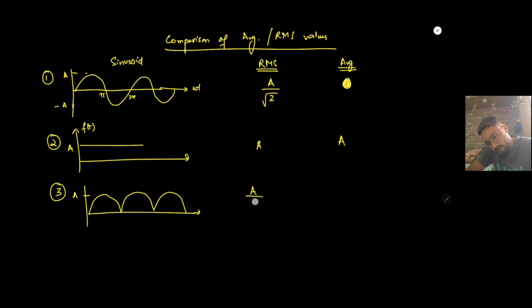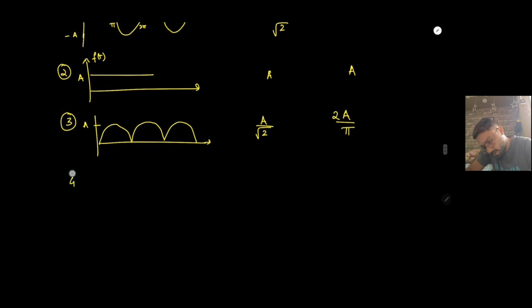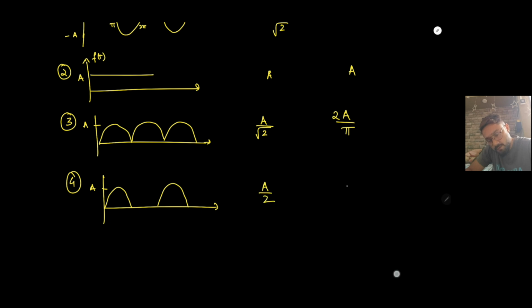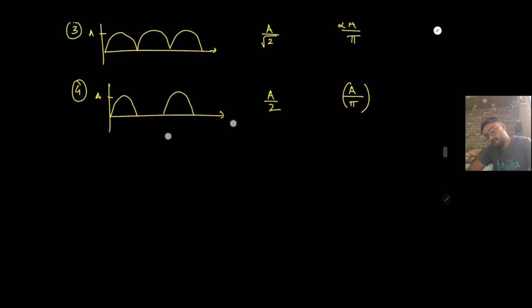RMS value will be A by root 2, and the average value will be twice A by pi. Fine. Half wave rectified output: what is the RMS value? It will be A by 2, and the average value is A by pi. Fine.